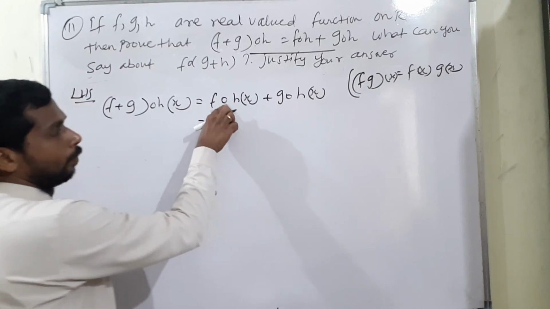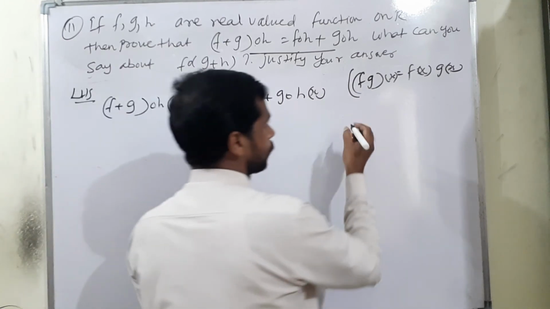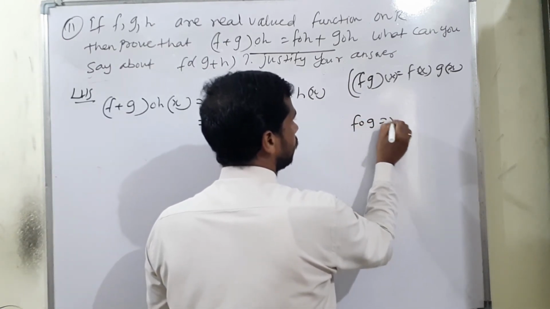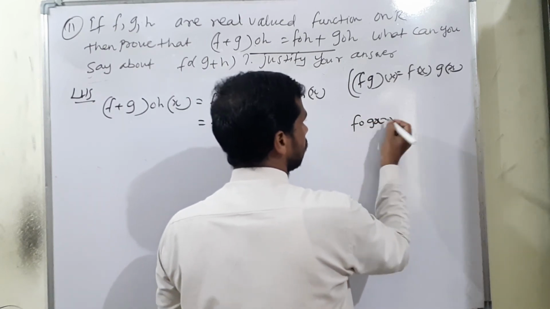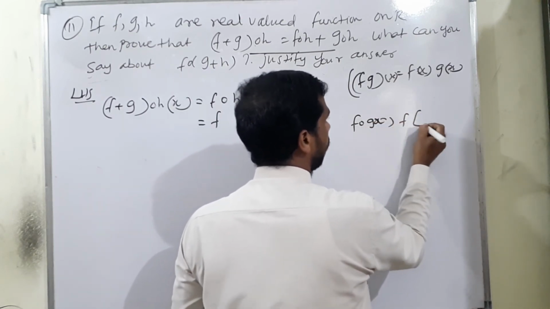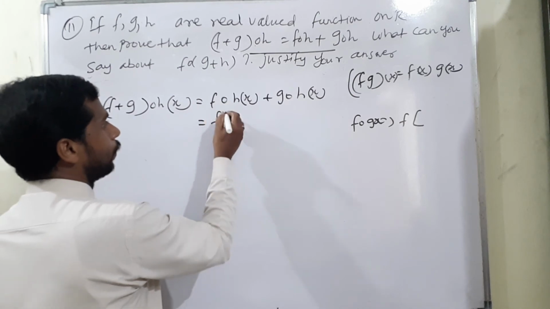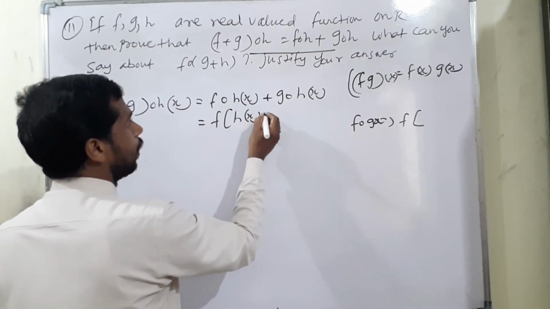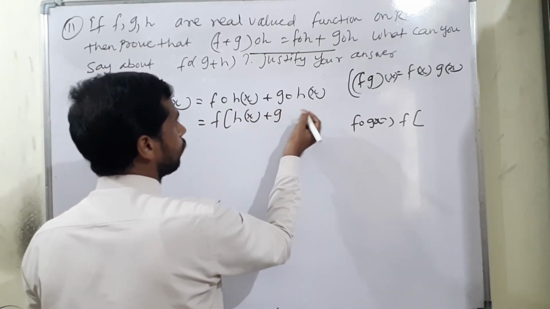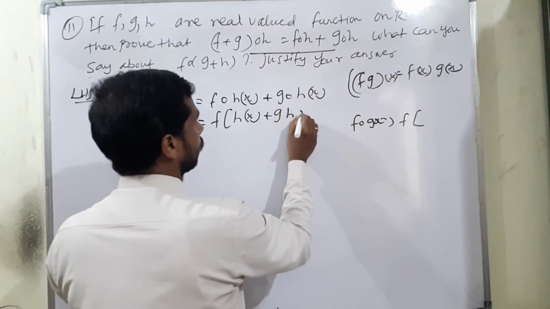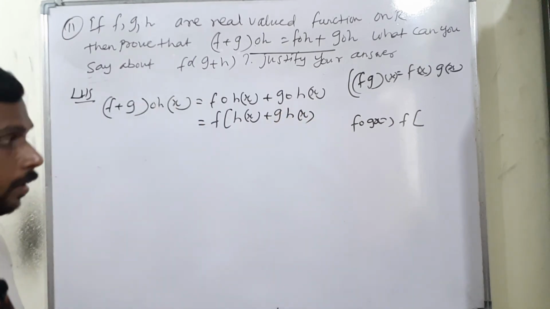Then if you remove the dot, the last question also, what is the meaning of f dot g? g is a composite of f, so if you remove the dot, it becomes the bracket. Therefore, if you remove the dot, we can now take f of h of x plus g of h of x, isn't it?